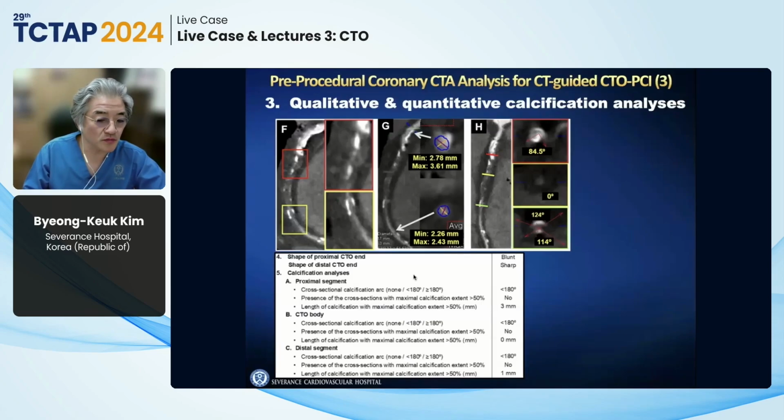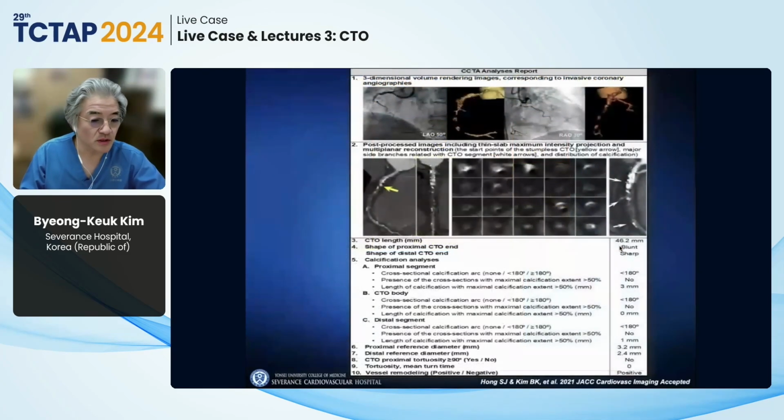Furthermore, the shape of the proximal and distal CTO end was evaluated as either blunt or sharp. Additionally, reference vessel diameter was measured on the cross-sectional image. This is the report form of the CTA analysis for CTA guidance.